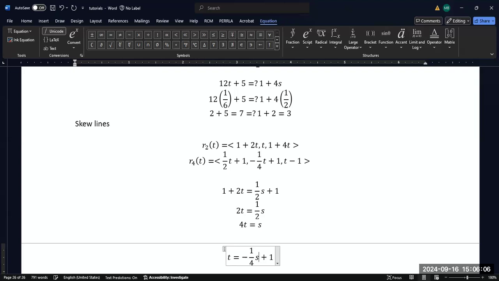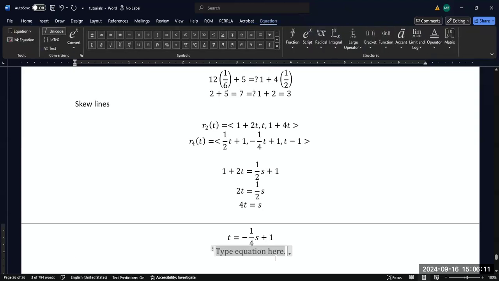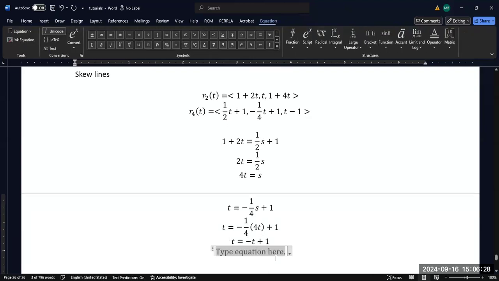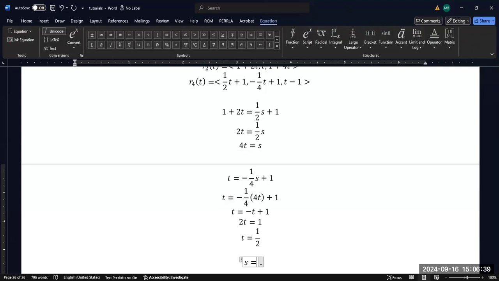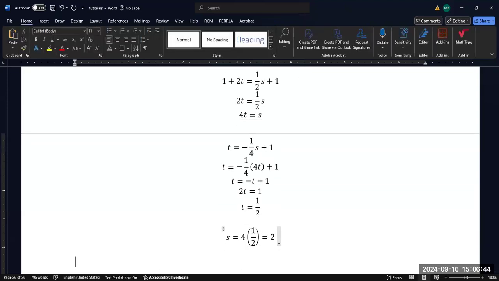I know what s is in terms of t. So -1/4 times 4t plus 1. That's going to give me t is equal to -t plus 1. I add the t to the other side, and then t is going to be 1/2. Since I know that s is 4 times t, I'm going to get s is 2.